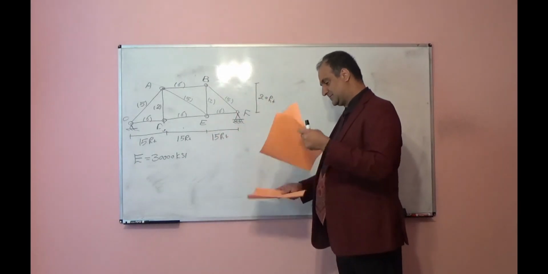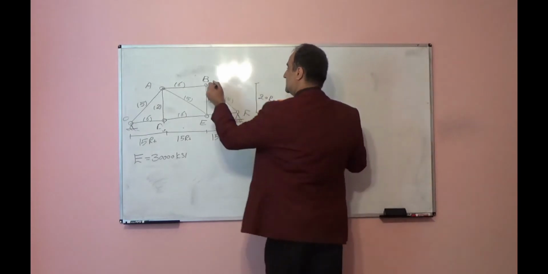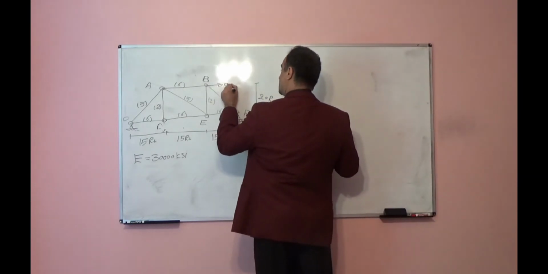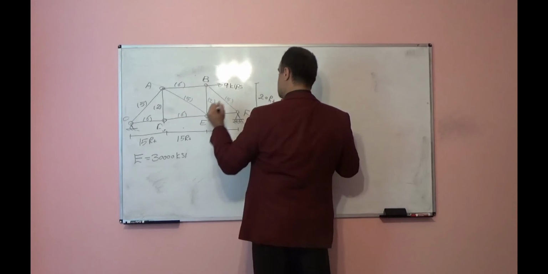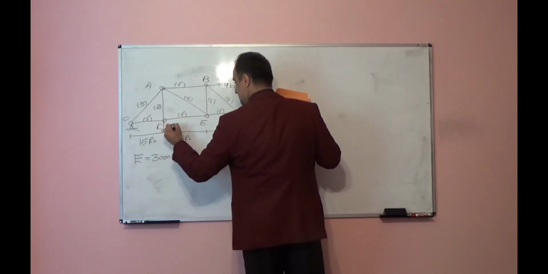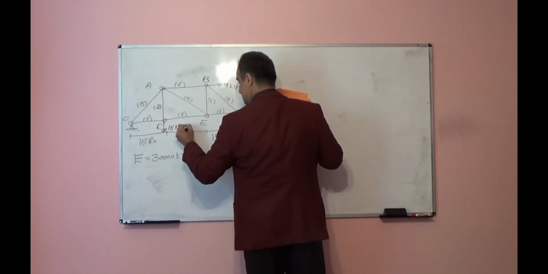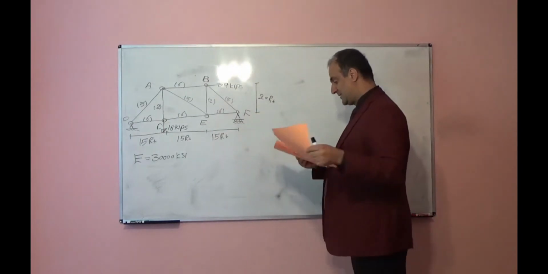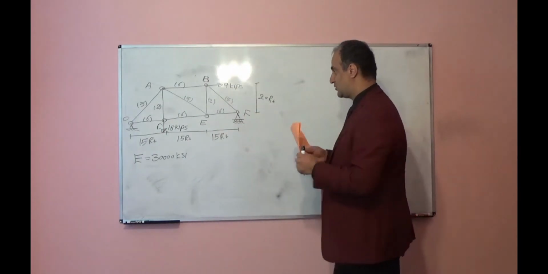Everything is the same. This is 9 kips. This is 18 kips. But we have one extra support at point E.